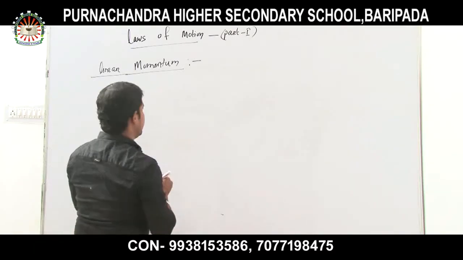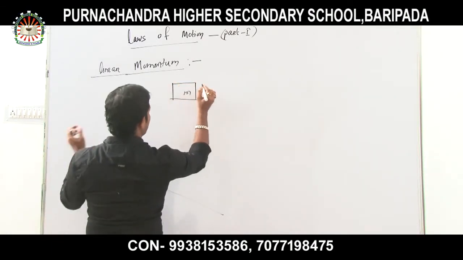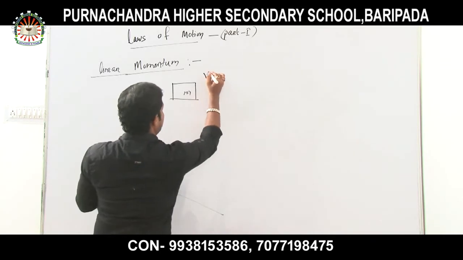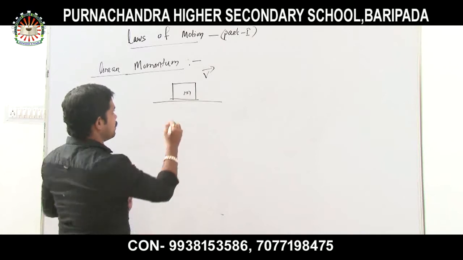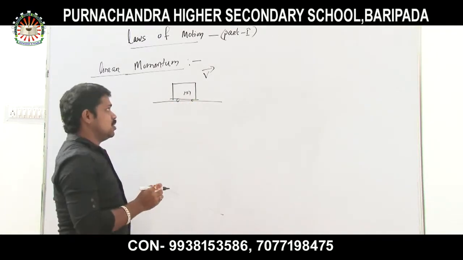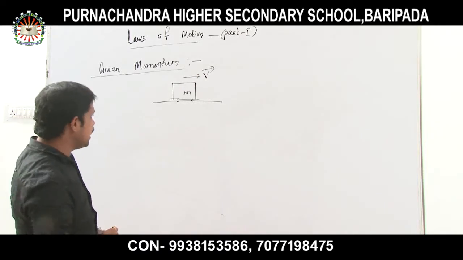Suppose a body, listen very carefully, having mass m, is moving with a velocity v. The object is in motion, having a mass m and moving with a velocity v.